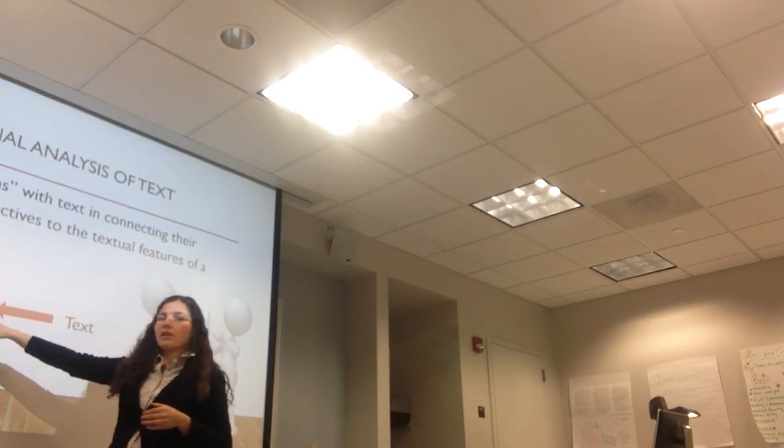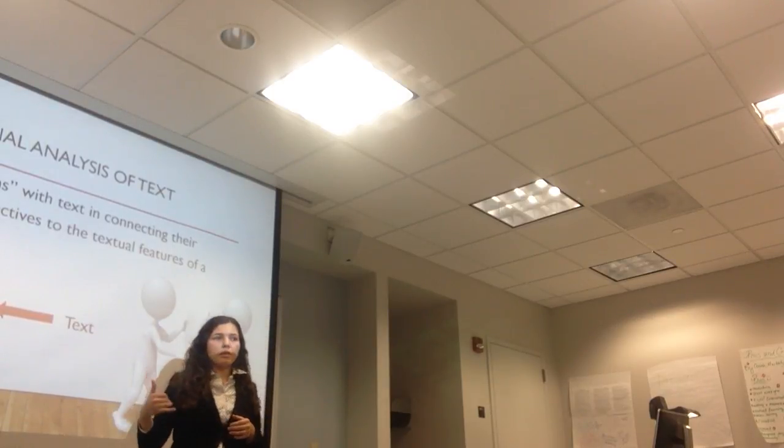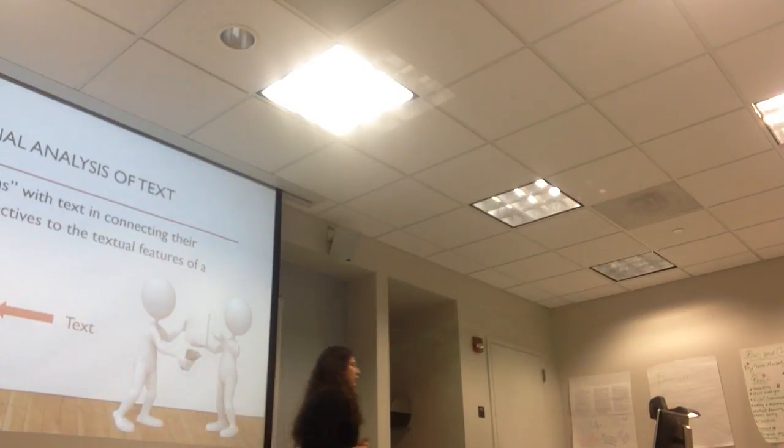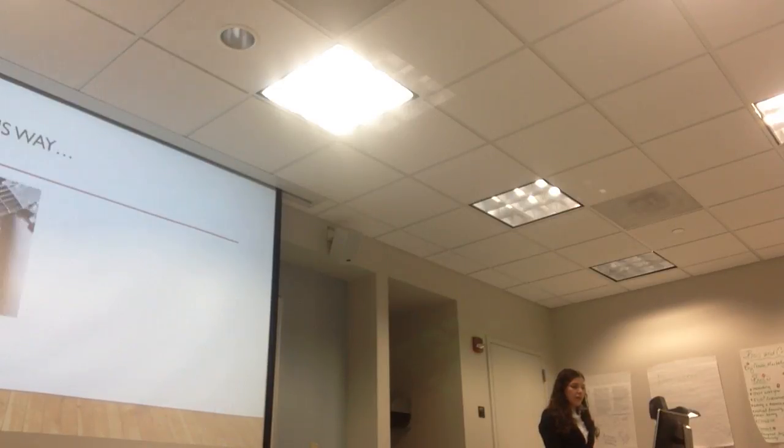But that doesn't just stay there, right? The text is also shaping your meaning, so you're learning something from the text as well. It's an even exchange. So here I have: readers make transactions with text, connecting their life experiences and perspectives to the textual features of a text. Just making that clear.